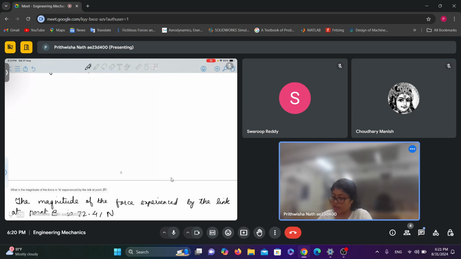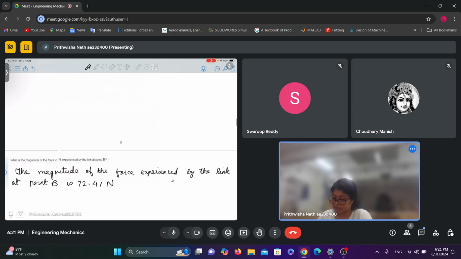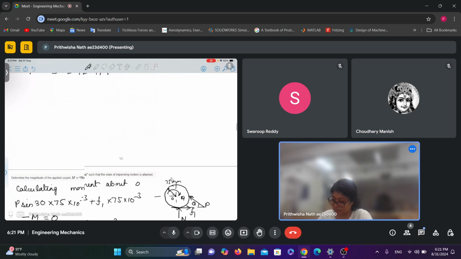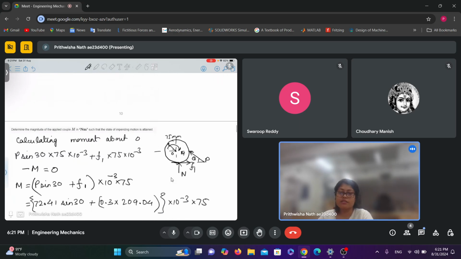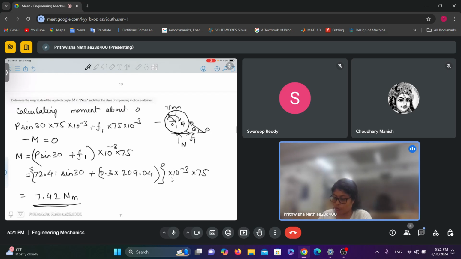And they are asking the magnitude of force in Newtons experienced by the link at point B, which is nothing but P. That also we got. Then they asked to determine the applied couple M. So we just calculated the moment about the point O, and from there we get the moment M.